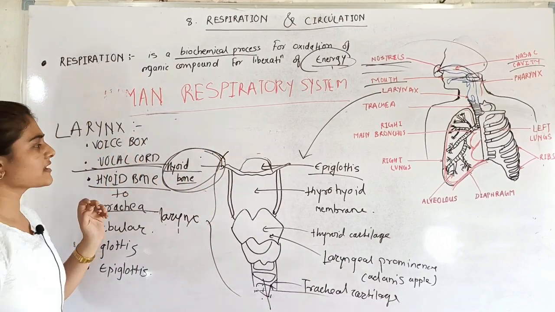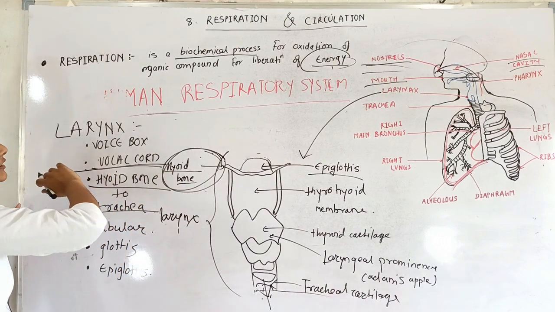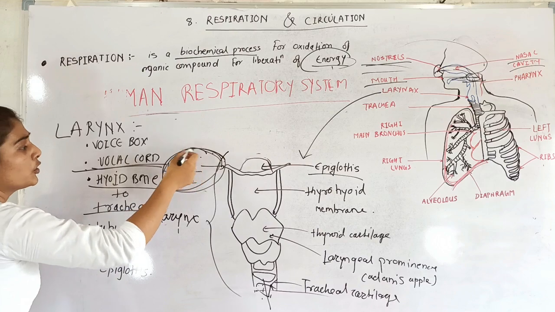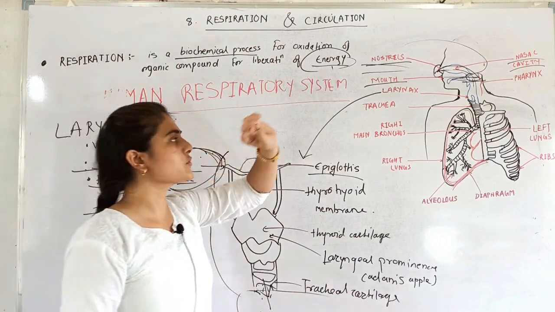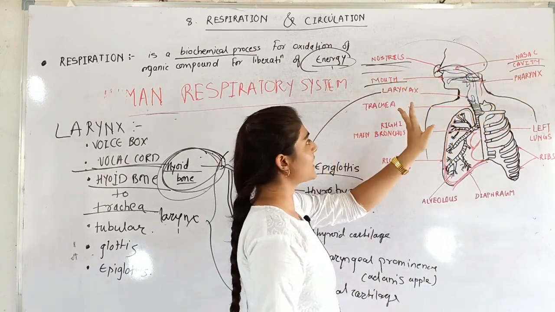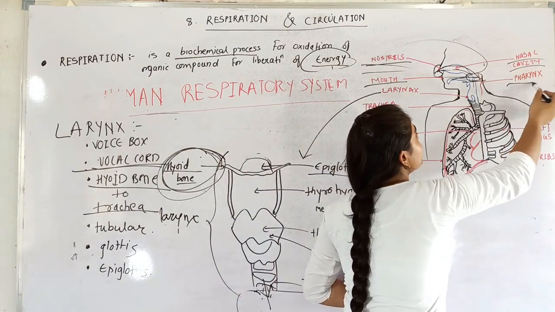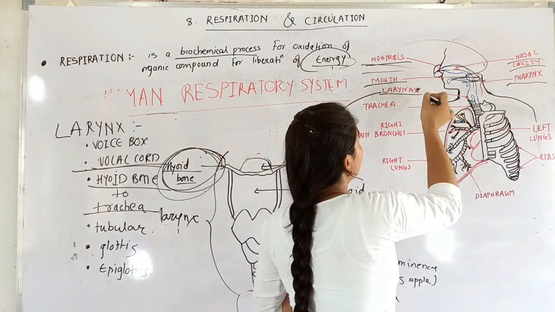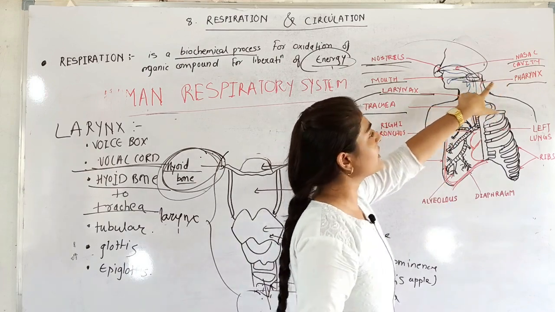For entrance exams, it may be asked as an objective question which organ starts from the hyoid bone to the trachea. There are 3 confusing points here: pharynx, larynx and trachea. First remember that the pharynx is first, the larynx is second and then comes the trachea. Don't confuse these 3 points.